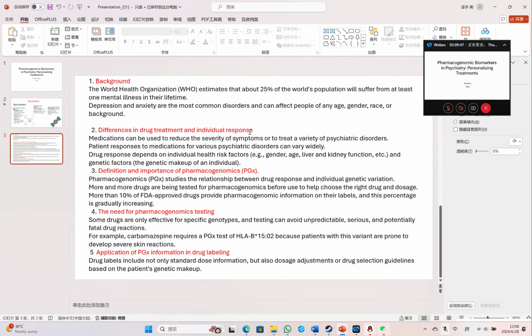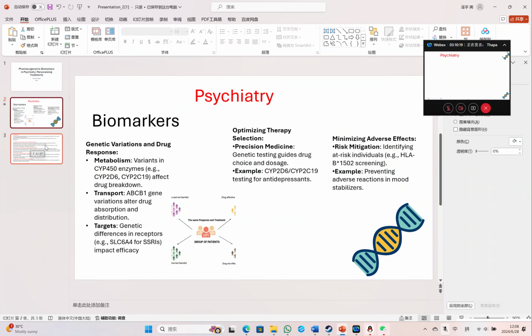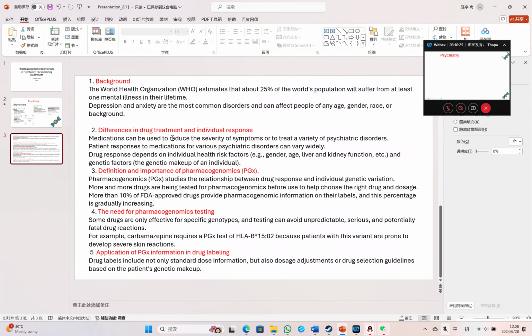So today my partner in my group is Gao. Our topic is pharmacogenomic biomarkers in psychiatry, personalizing treatments. I'll be talking about the first half, and the remaining half will be done by Gao. Psychiatry is about the diagnosis, treatment, and prevention of mental disorders.